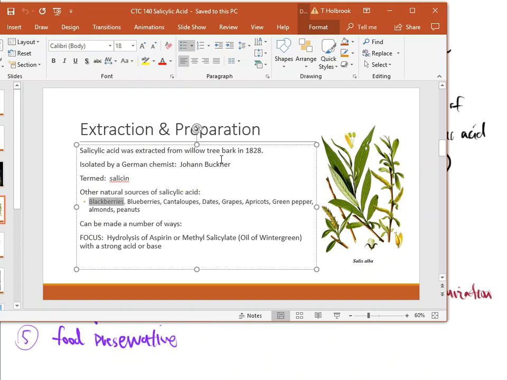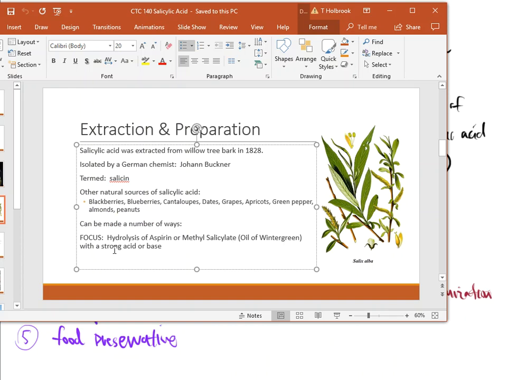Salicylic acid can be made a number of different ways. There are tons of what we call mechanisms or reactions associated with it, and you're only going to attempt one of them because you're going to be making salicylic acid. That means you're going to have starting products in order to make it. The focus here is the hydrolysis of aspirin or methyl salicylate, oil of wintergreen.